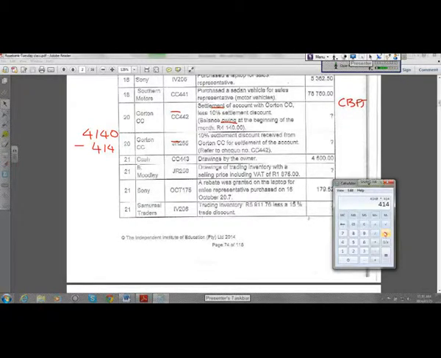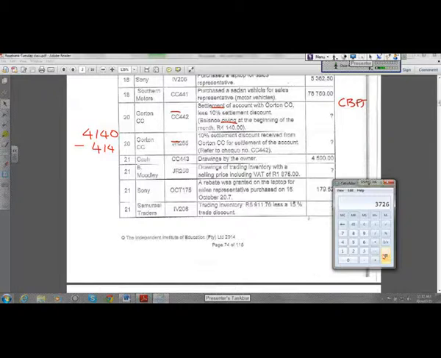All right, so now we want to calculate how much money we're going to pay, after we have been given a discount of 414. So this is how much we are going to pay. So we're going to pay 3728.